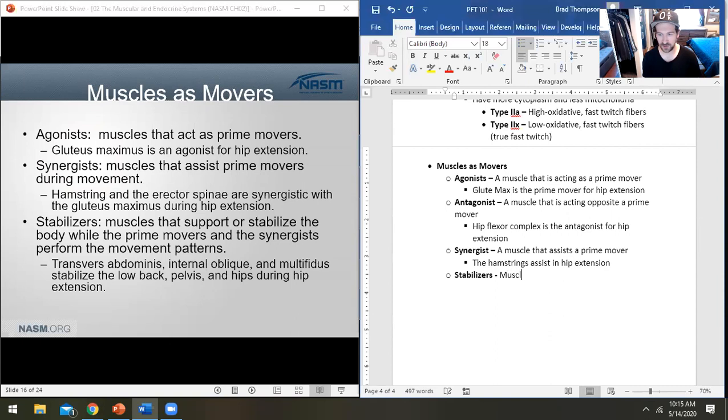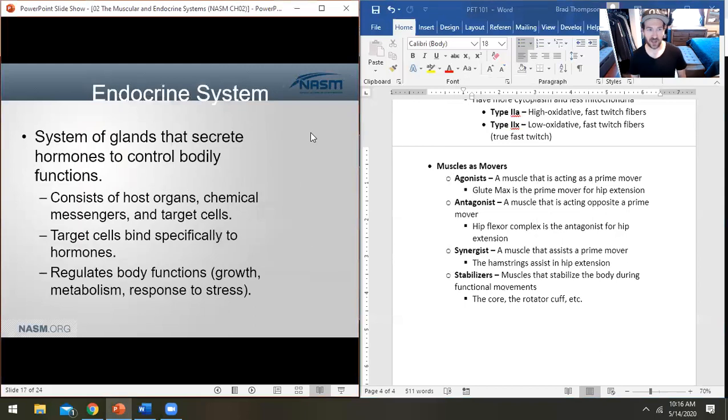These are muscles that stabilize the body during functional movements, right? The core, the rotator cuff, etc. These are muscles that are there to make sure that your body moves in the direction it's supposed to.